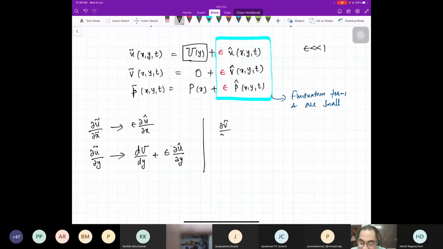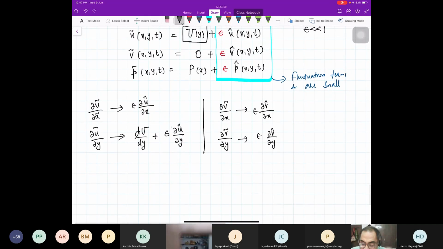Del v tilde by del x becomes epsilon del v hat by del x. Del v tilde by del y becomes epsilon del v hat by del y, and so on. You can take the second derivative and so on. If you substitute for all the variables and write down the full equation, this is what you're going to see.